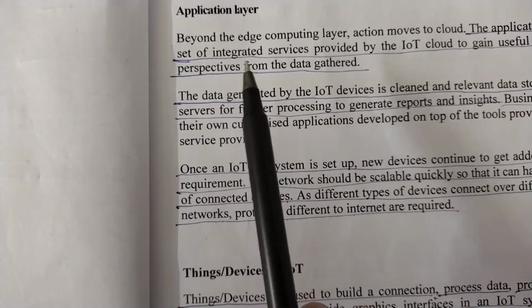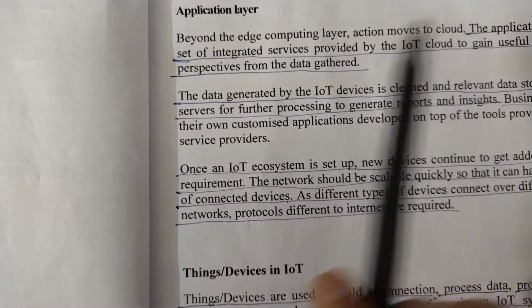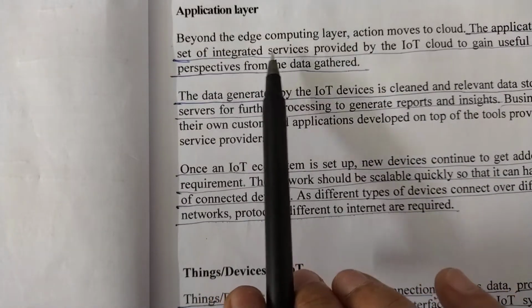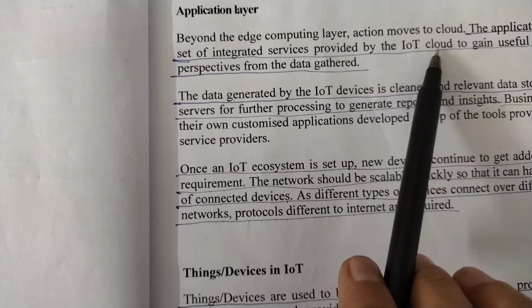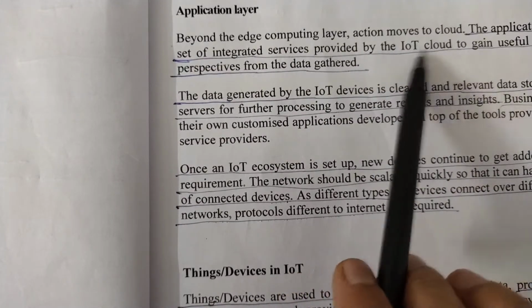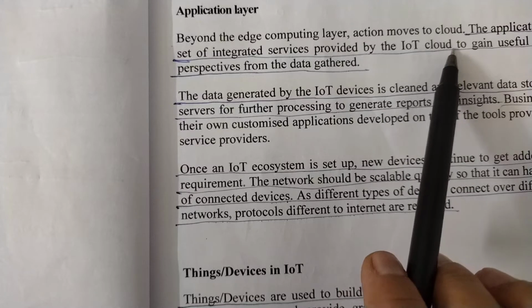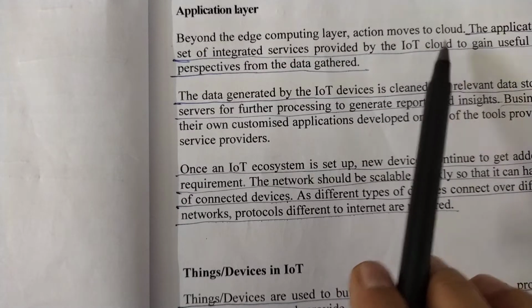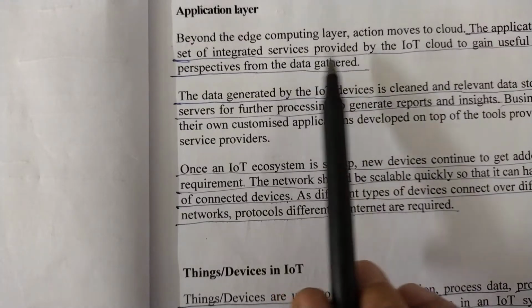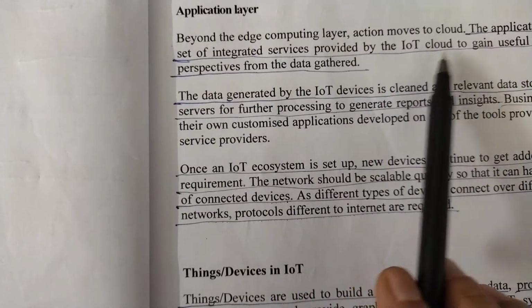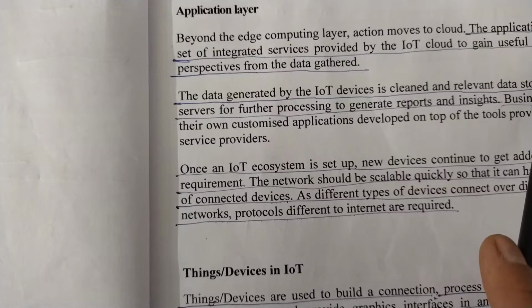So in the case of IoT, the application layer is providing a set of integrated, or combined, services which are provided by the IoT cloud, right? Which is the server in the case of IoT. In layman's language, you can say a server on the internet. These services are provided by the IoT cloud to gain useful insights.